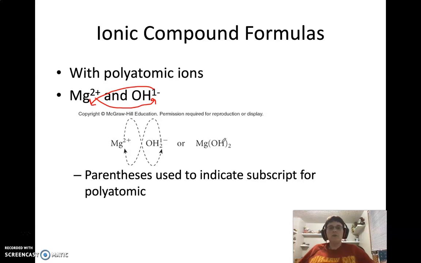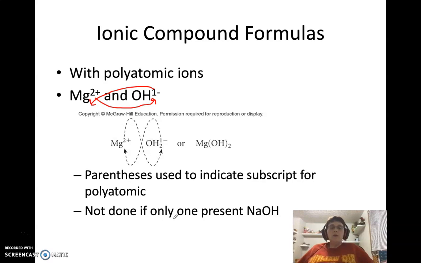So it's not just for the hydrogen, it's for the hydrogen and the oxygen. This is saying that there are both 2 oxygens and 2 hydrogens in this formula. The parentheses wouldn't be put on there if there's only 1. You can see this is also a hydroxide ion, but because sodium is a +1, it would be 1 and 1, so no parentheses, because it's assumed to be a 1.